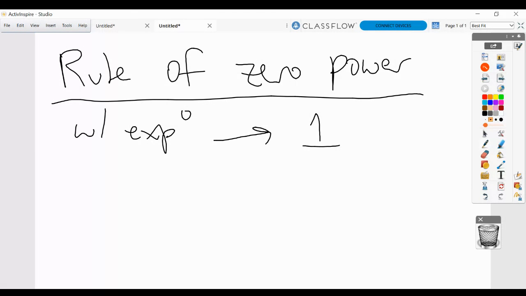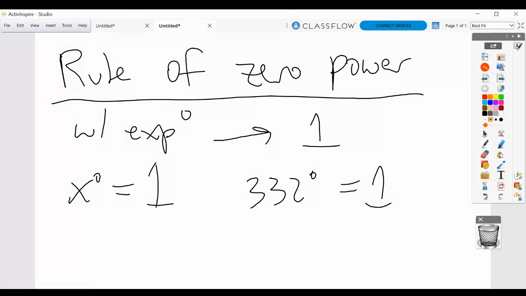So basically, if you have x to the 0th power, it's 1. If you have 332 to the 0th power, it's 1. If you have 5y squared, that whole thing to the 0th power, it's 1. Anything to the 0th power is going to be 1.